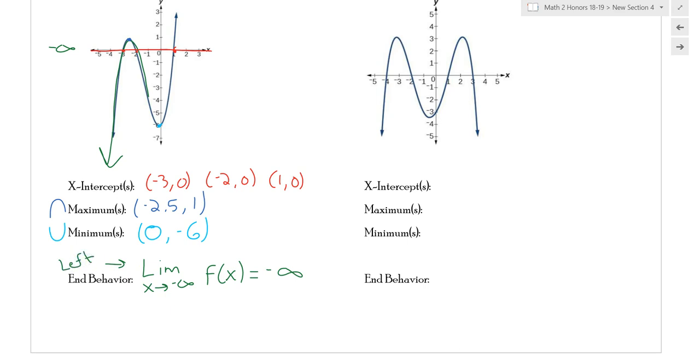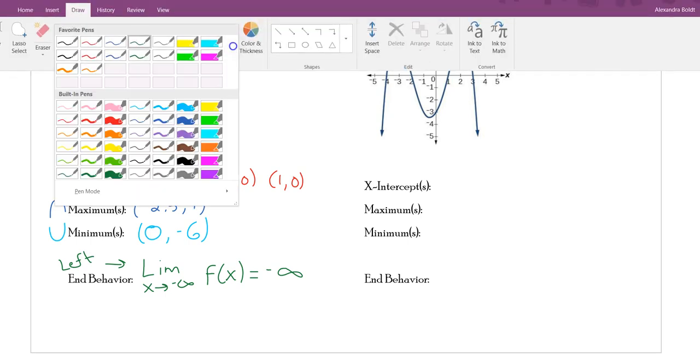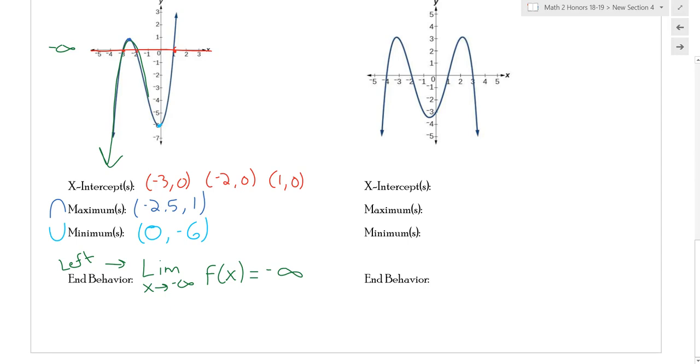Then what's happening as we go right to positive infinity? As I follow my graph to the right, I'm going up forever. That's the right side.